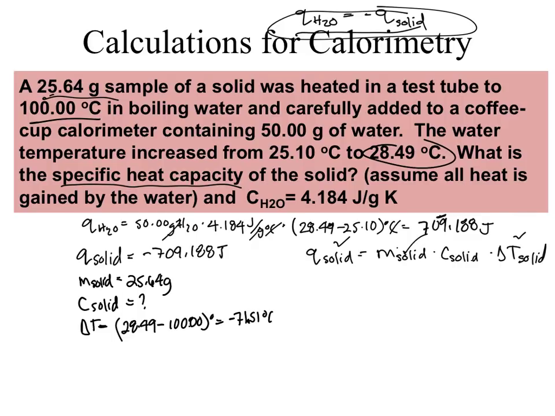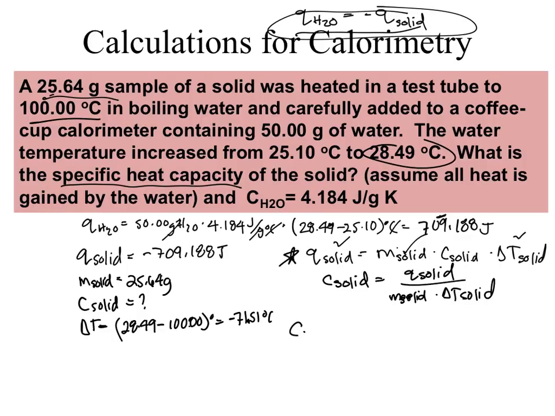Now, if we manipulate the equation here, we can get C solid all by itself. So our specific heat capacity of our solid is going to equal the Q of our solid divided by the mass of the solid times the delta T of the solid. We can plug in our variables.